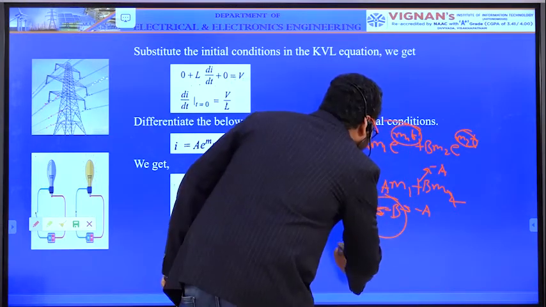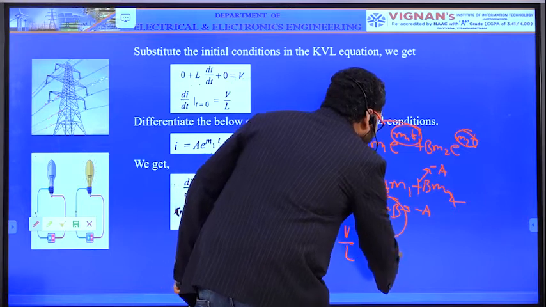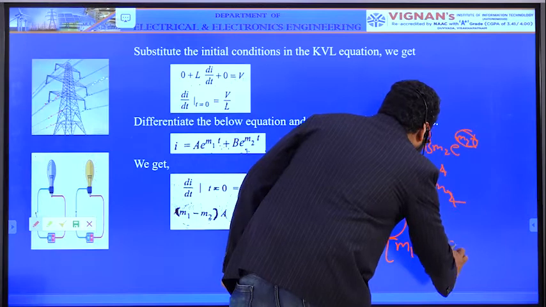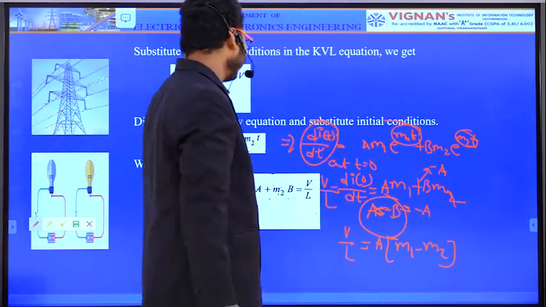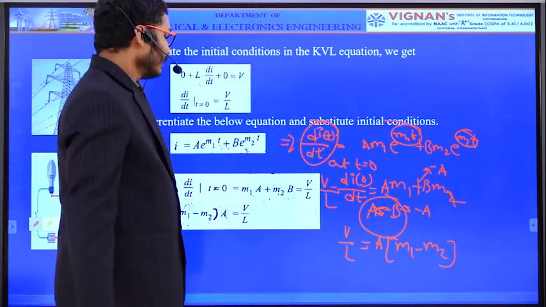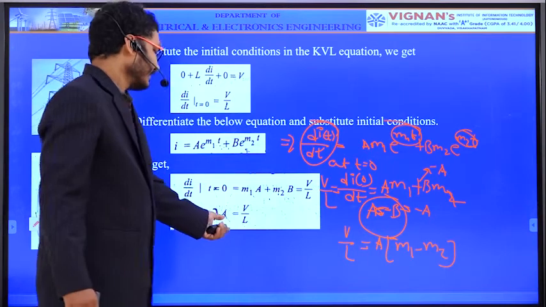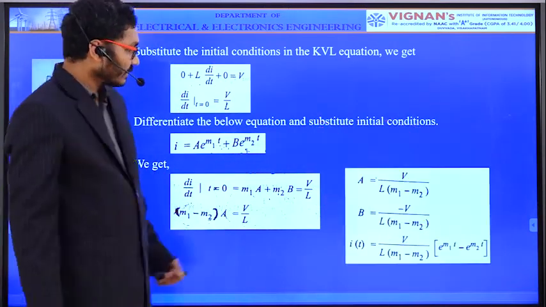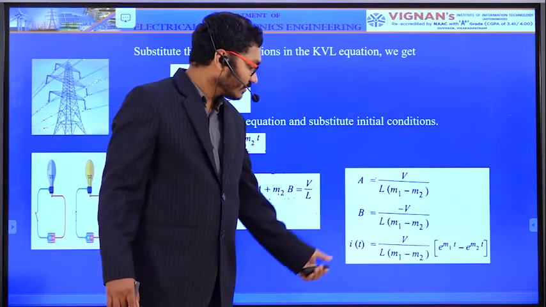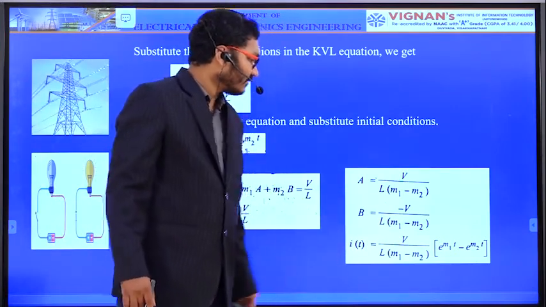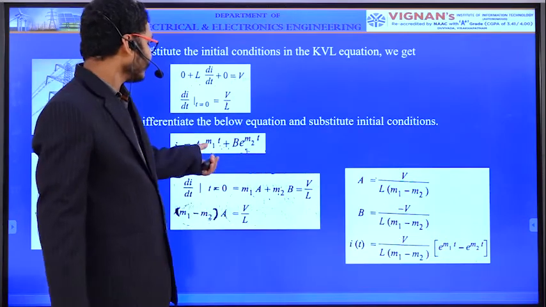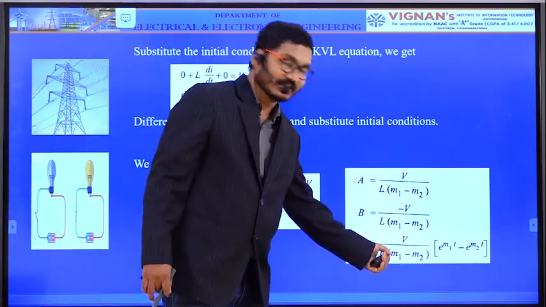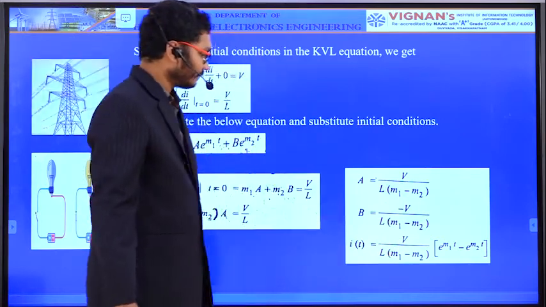So here V by L equals to a into m1 minus m2, so a equals to V by L into m1 minus m2, like this you will get. You will find out the a and b values. Substitute a and b values in the previous equation, so the final solution is this one.